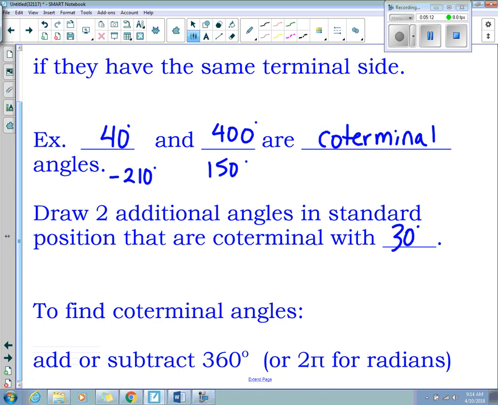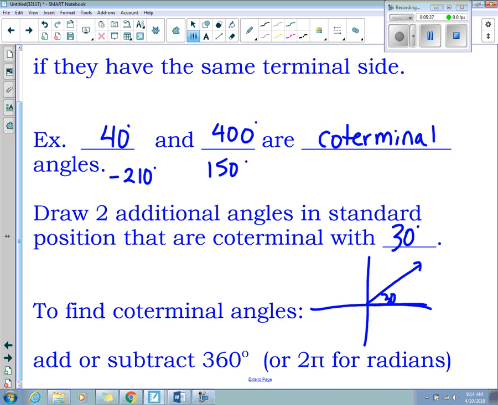So if you're stuck, you could compare it to what we saw with the 40 degree angle, where we went all the way around the circle and then back up to 40. We were able to compare 40 and 400 and see that they had the same terminal side. So if we think about that, 30 degrees would be right here in quadrant 1.